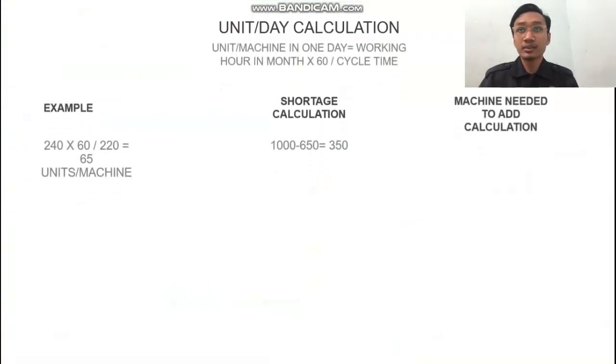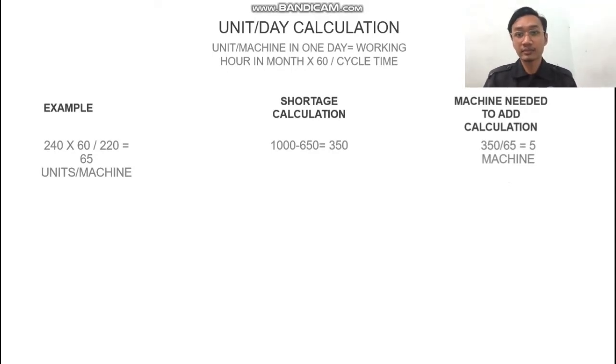For the unit per day calculation, how to get the calculation is unit per machine in 1 day equals working hours times 60 divided by cycle time.